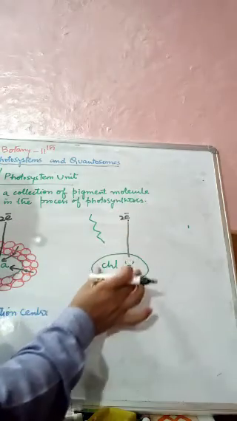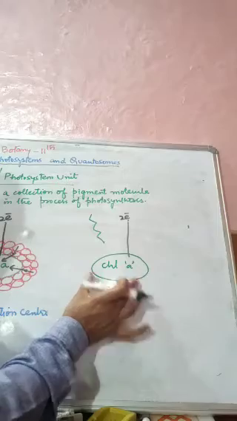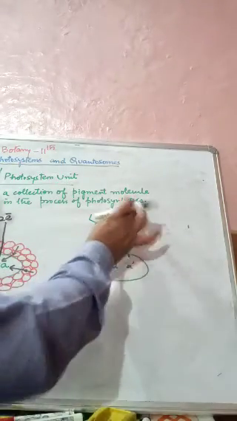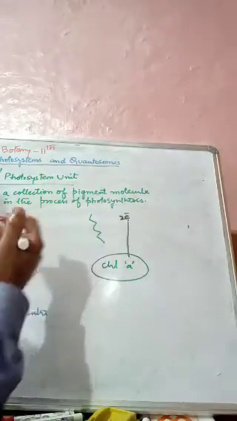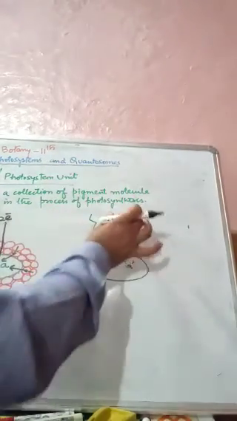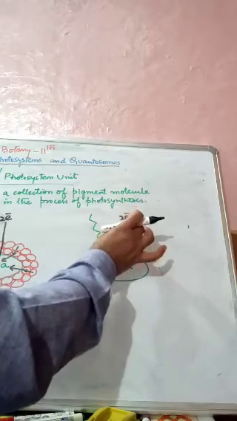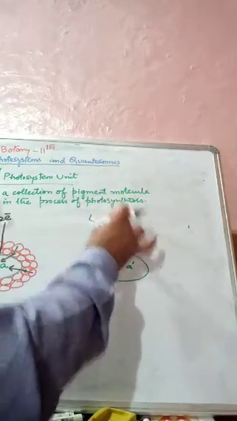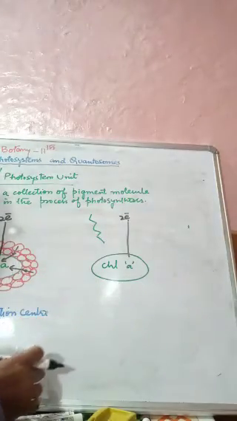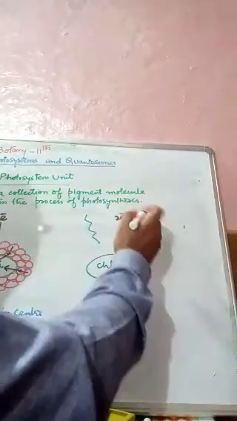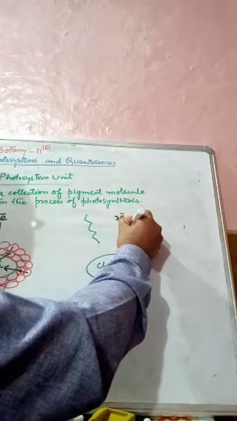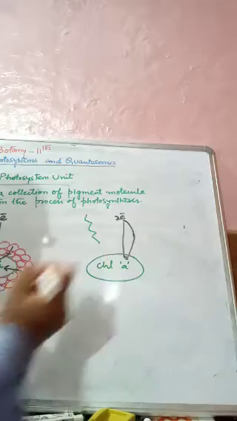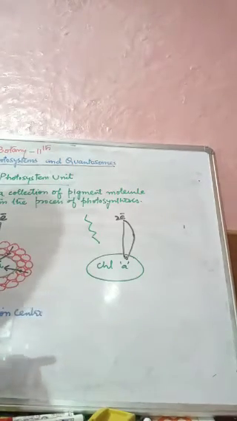Since this is done in experimental, controlled conditions, no acceptor substance is present there which can receive these electrons. They ultimately come back into the chlorophyll A.